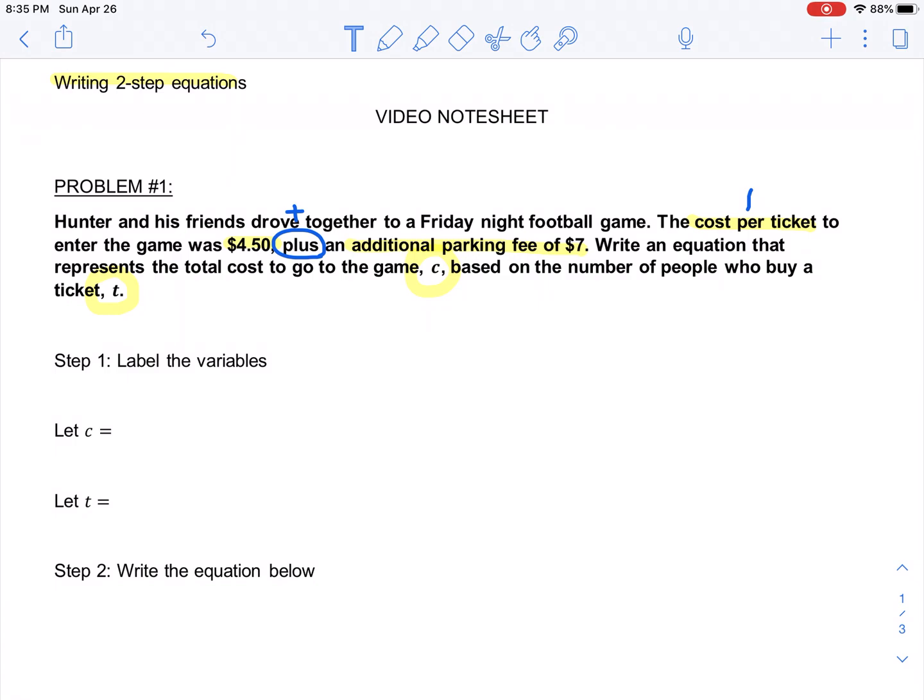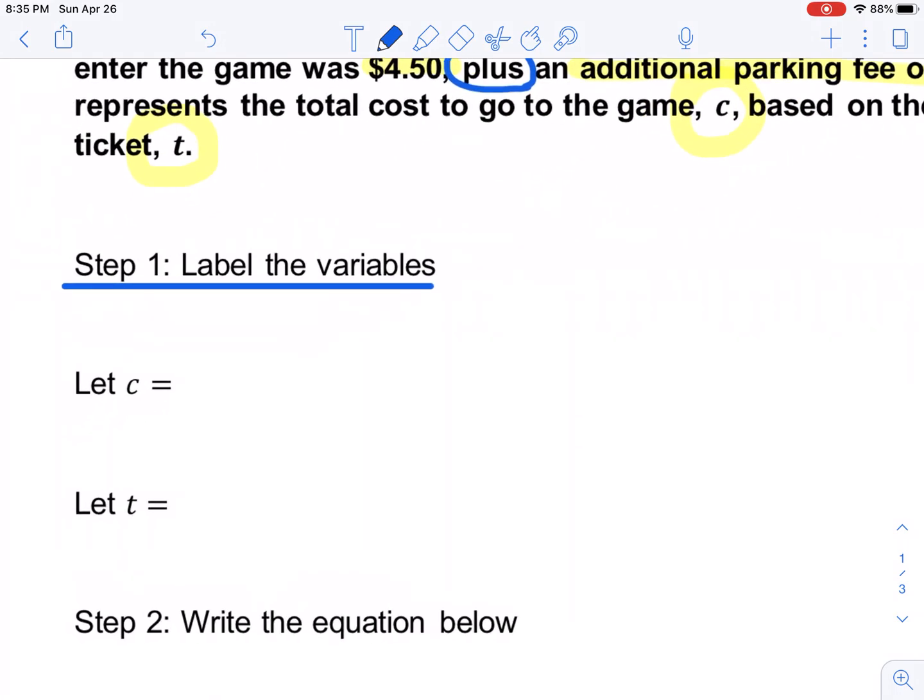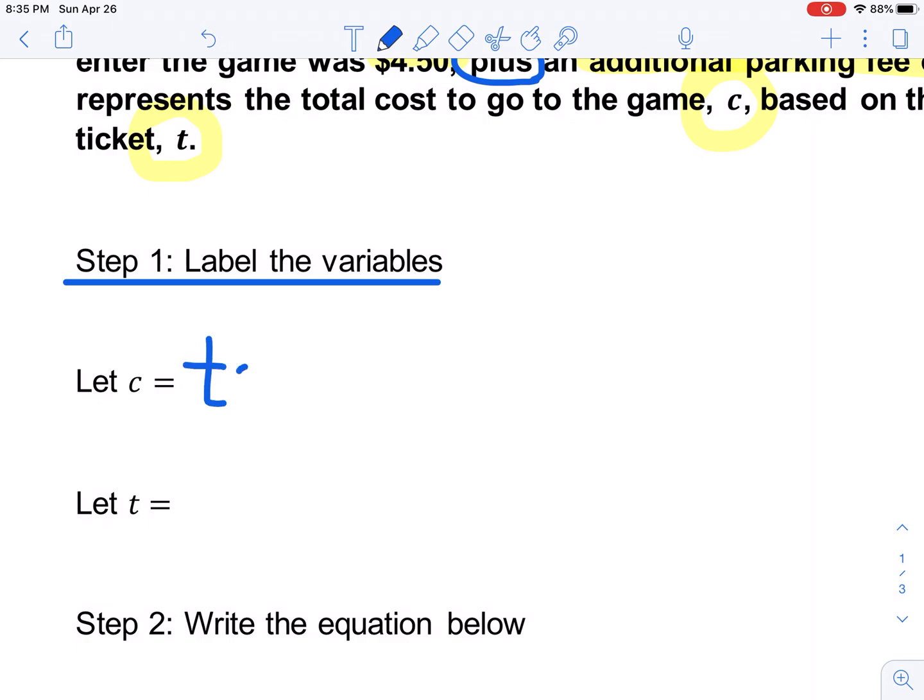Label the variables, okay? So we need to write our let statements, and those are huge because they're always going to be defined in the word problem. So what does C represent? If I go back to the word problem, I know that C represents the total cost to go to the game. So I'm going to write that here. Let C equal the total cost, okay?